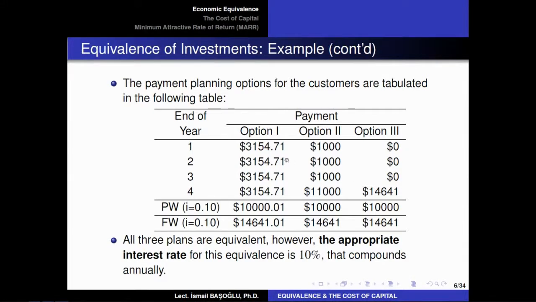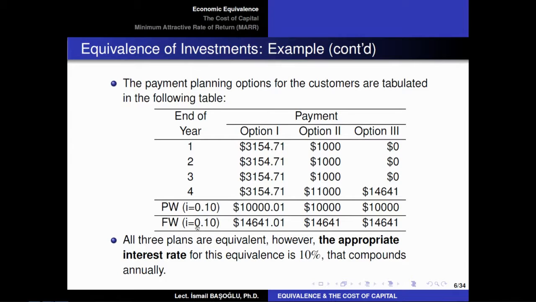$14,641. So in all of these 3 payment plans, if you calculate the present value or the present worth under 10% interest rate, they will all be equal to $10,000. Or if you calculate the future worth at the end of the 4 years, by converting the first payment plan with a uniform series compound amount factor, and converting the second option again by using the corresponding compound factors, and the third option is already the future value, it doesn't matter.